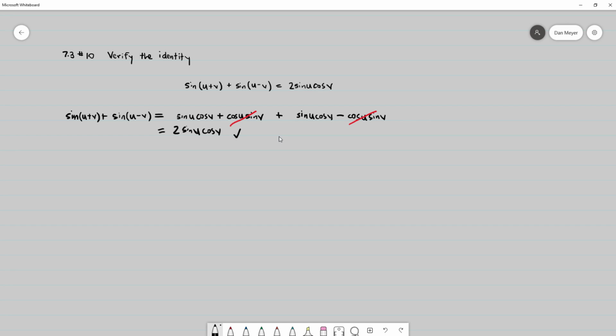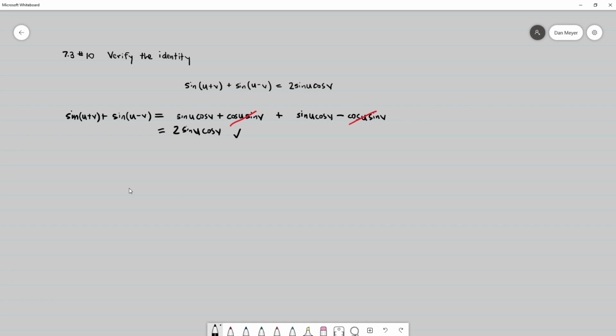Now this formula is often used in reverse. If you have a product of sines and cosines, and you're trying to do something mathy where you can't work with a product of sines and cosines, then you can turn it into a sum of sines using this formula.